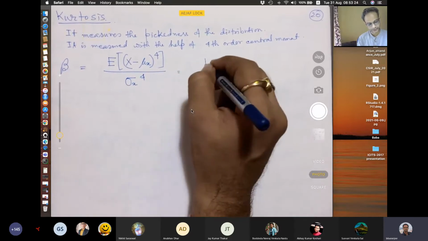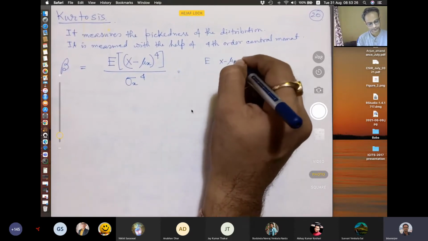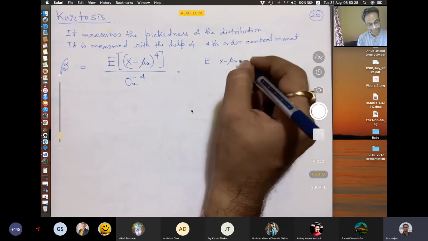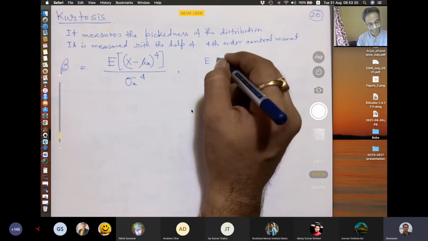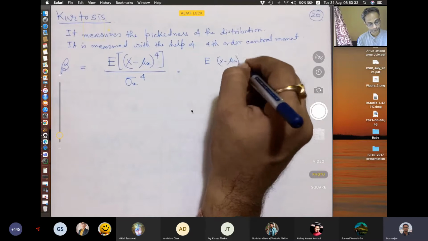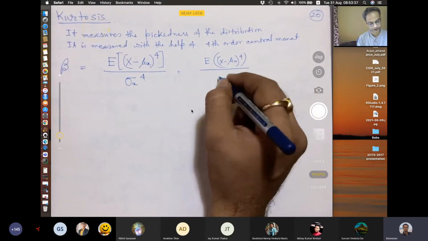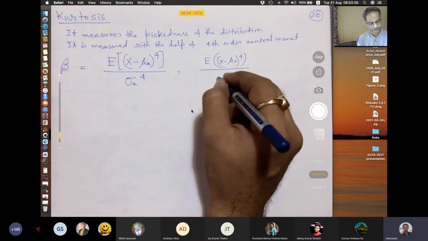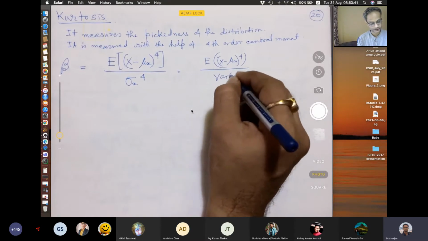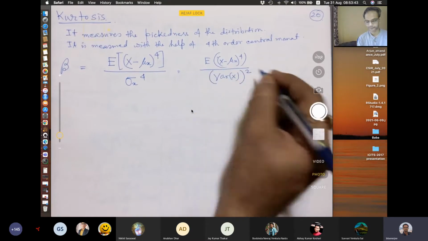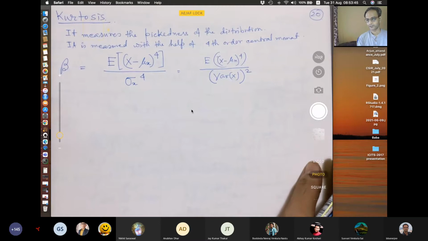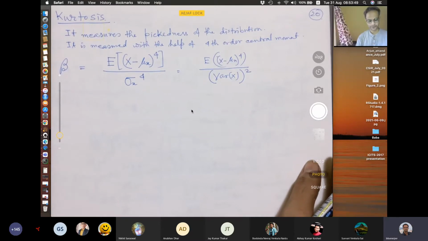That means expectation of (X minus mu_X) whole to the power 4 divided by sigma_X to the power 4. And here you can also write this quantity as variance of X whole square. Okay.